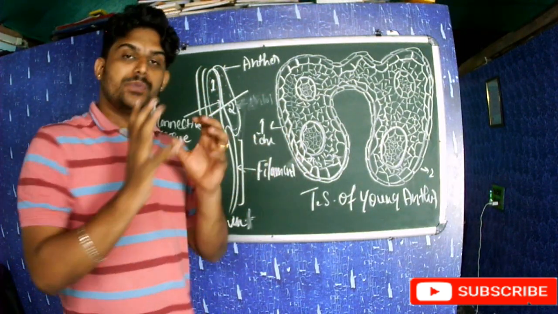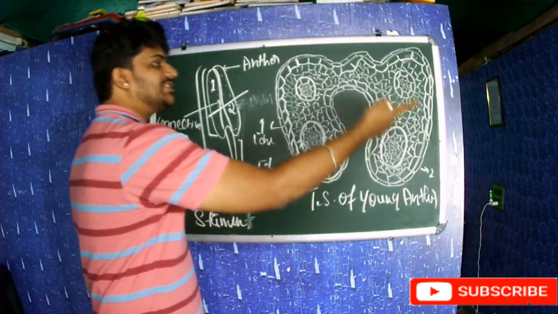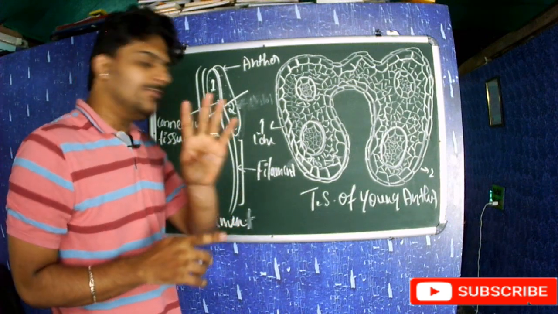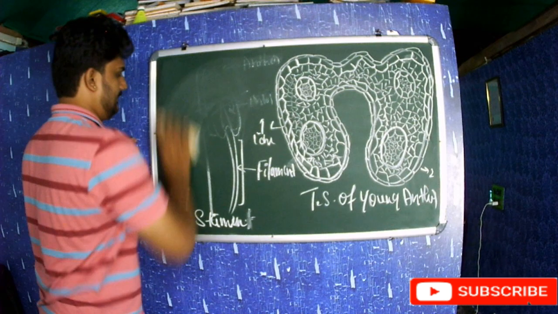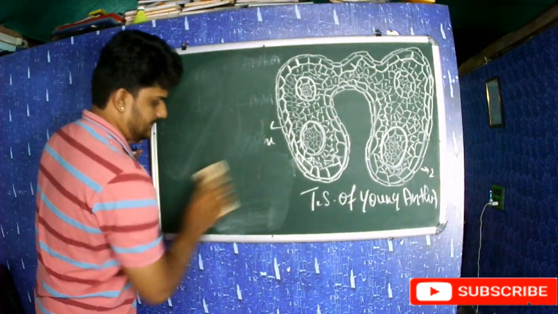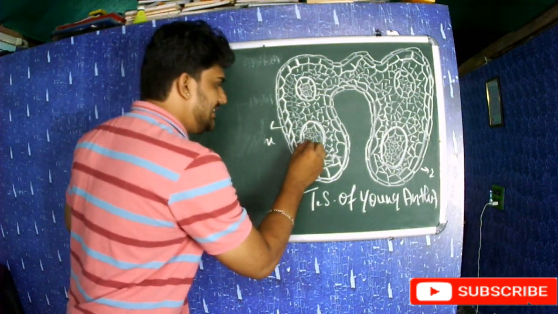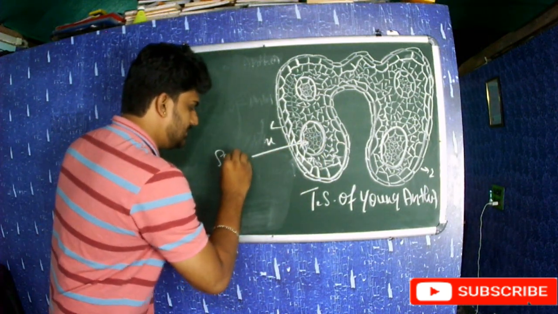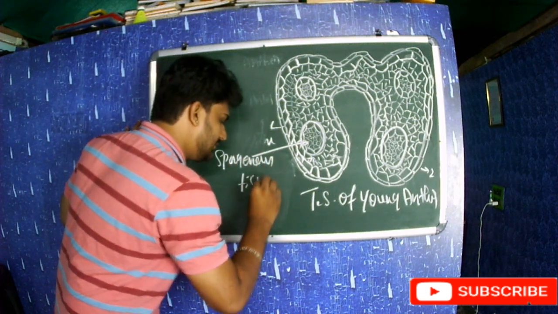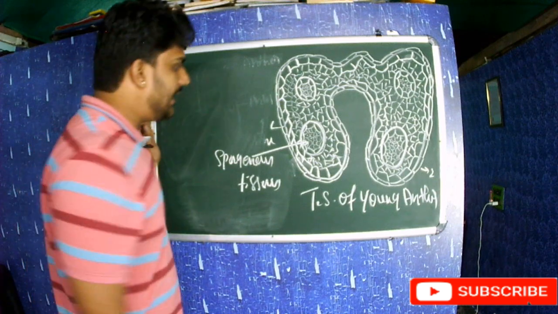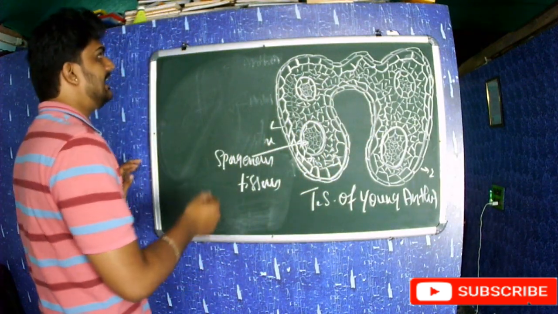These sporogenous tissues are covered by 4 wall layers.